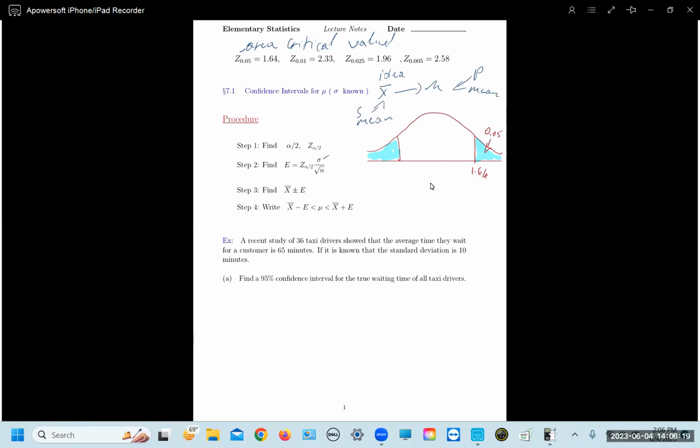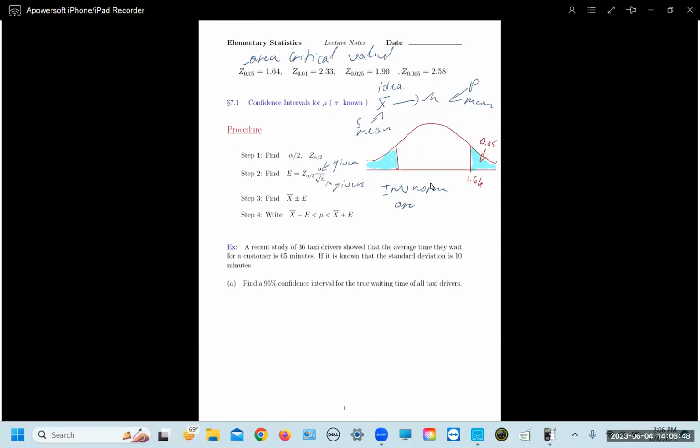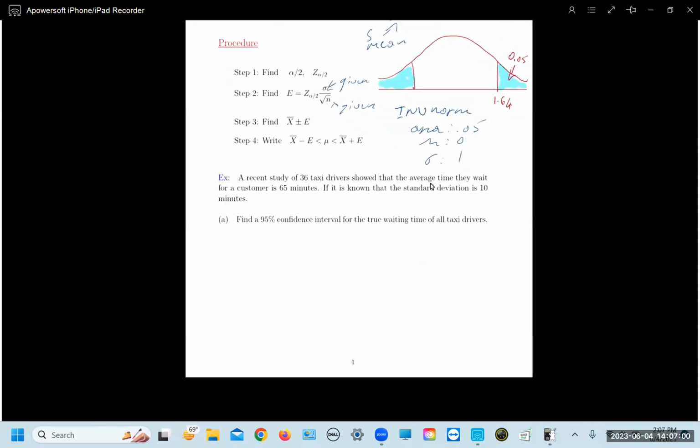So for this one, sigma is given, and also n is given. So we go with inverse norm. So we have area. Area is 0.5, mu is 0, sigma is 1.